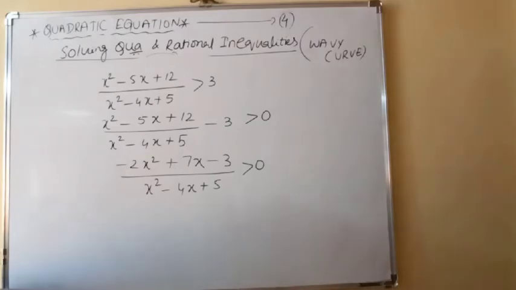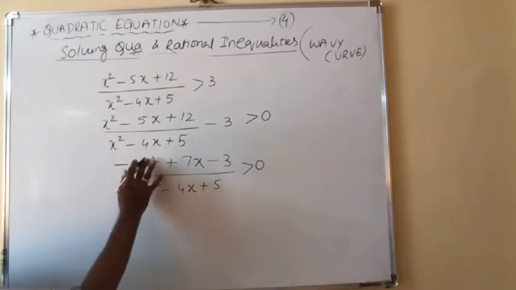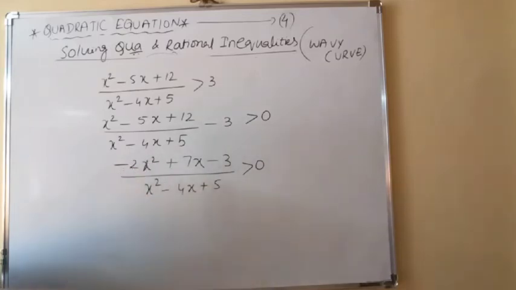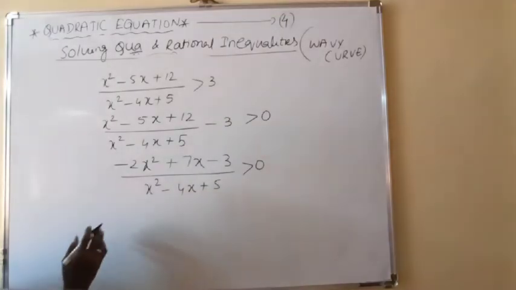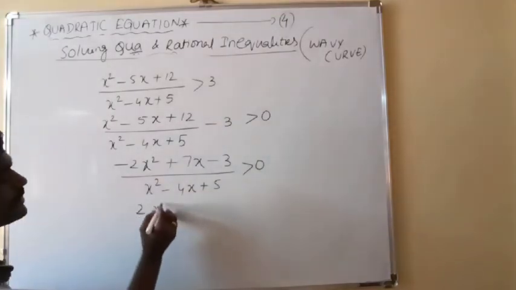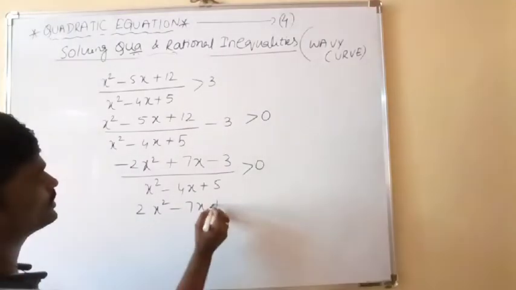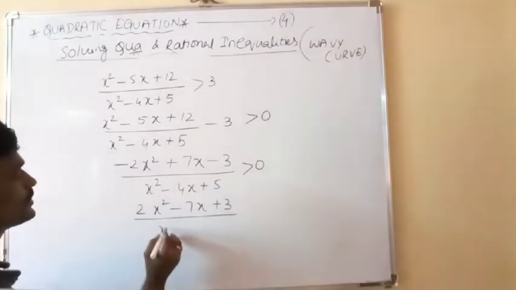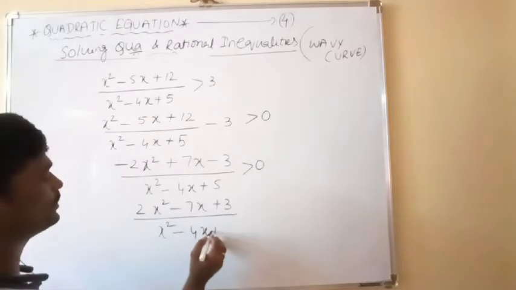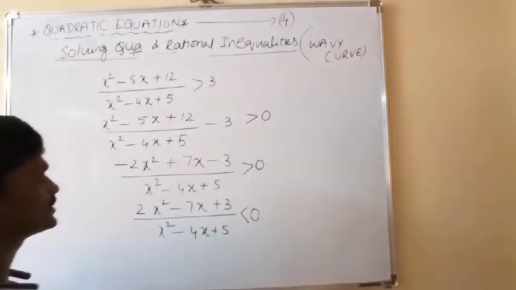Okay. So here the highest x square coefficient is what? Here what is the coefficient of x square? Minus 2. So make it positive. So to make it positive, multiply with minus 1. So the inequality changes. What you will get? 2x square minus 7x plus 3 divided by x square minus 4x plus 5 is less than 0.